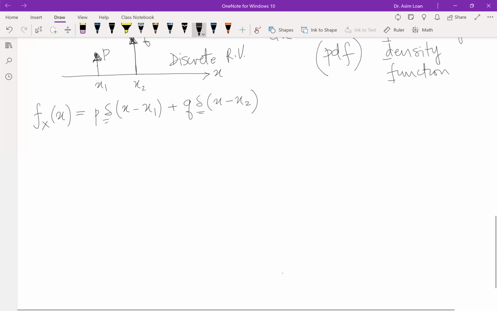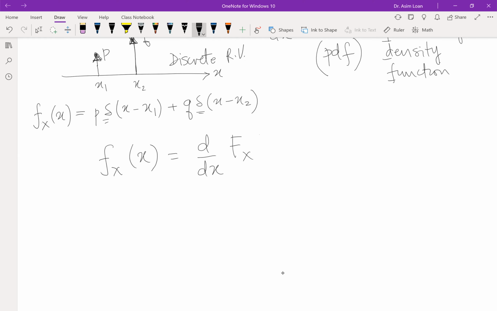So we know fx of x is d by dx of Fx of x, or when we integrate, fx of x is the integral from minus infinity to x. So obviously you're accumulating from minus infinity to x, and inside here you have fx of lambda d lambda.